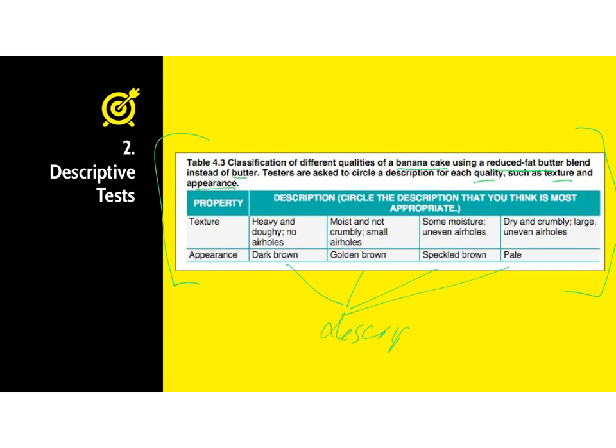And what the consumer needs to do is circle the descriptions that are appropriate for the banana cake that they are sampling. So there are two types of banana cake, or there is a number of different types of banana cake that have been made, and they are using a reduced fat butter. Okay, so what they're trying to do is work out which recipe would produce a low fat banana cake.